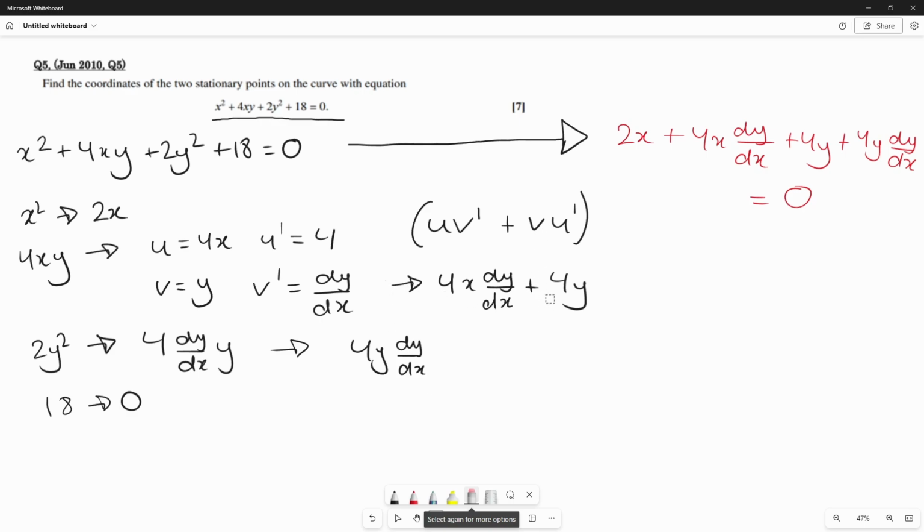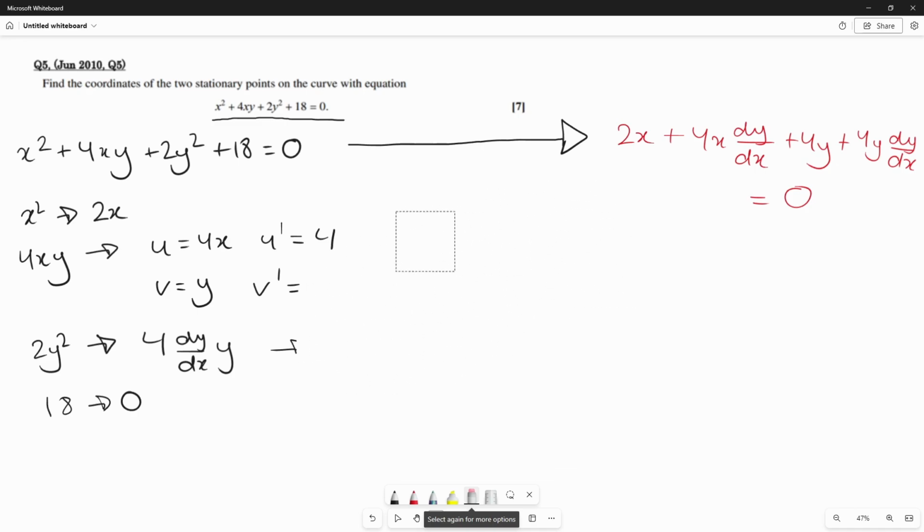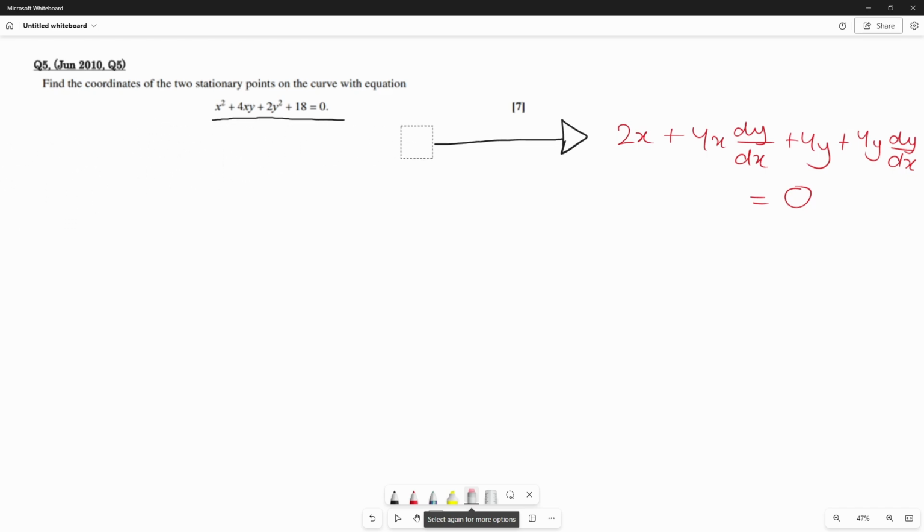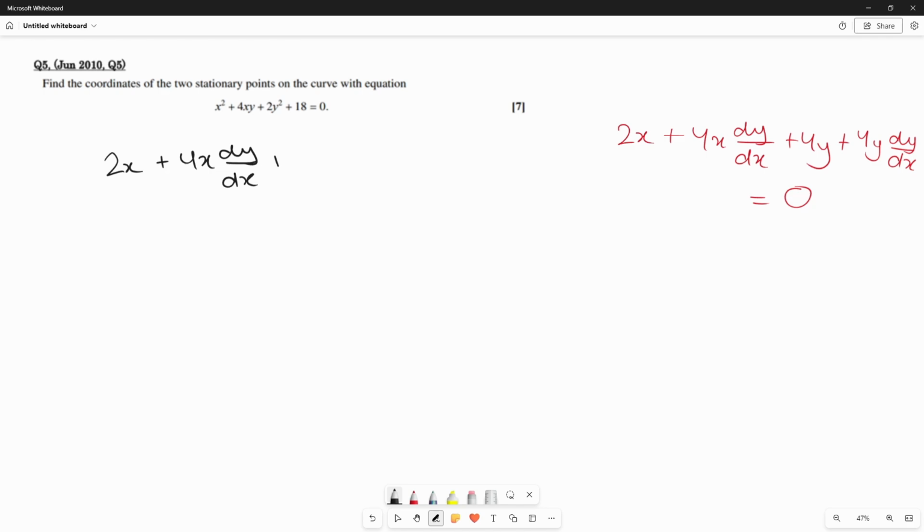I'm going to rub this all out and rewrite the derivative just so I have a bit more space. So 2x plus 4x dy by dx plus 4y plus 4y dy by dx equals 0.